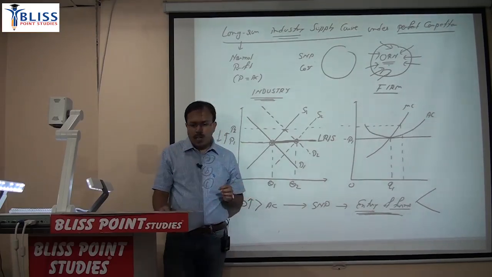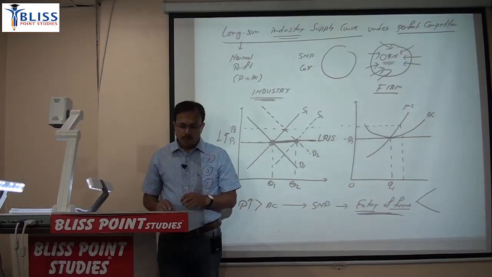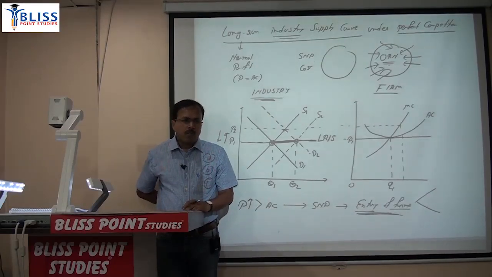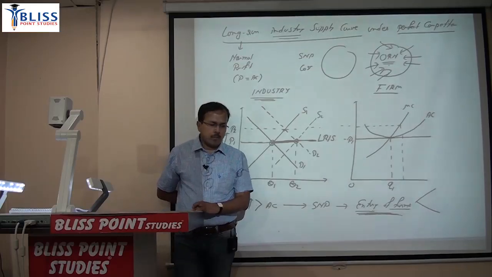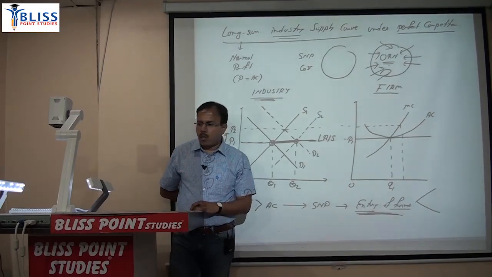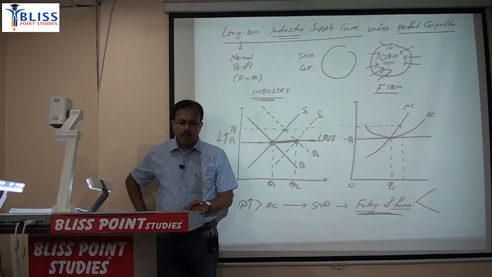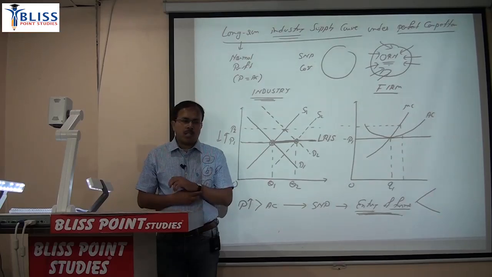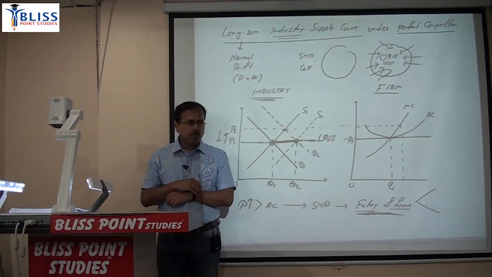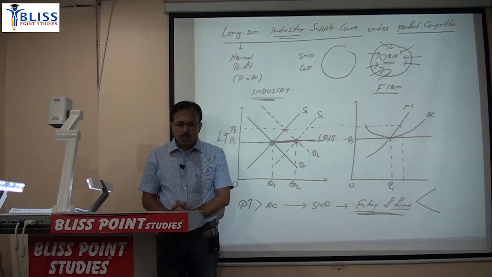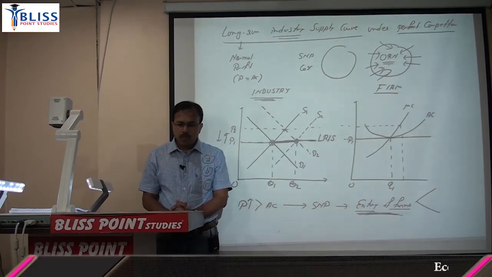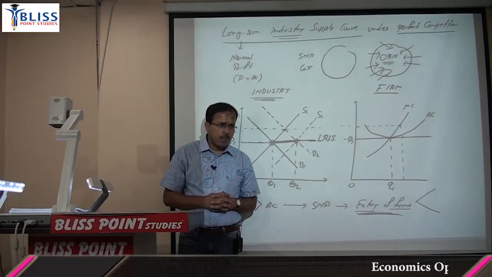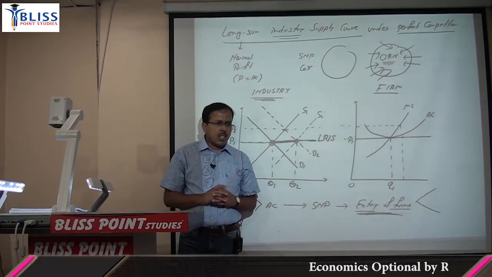Next paragraph. An industry is a constant cost industry if the price of factors of production, within bracket inputs, remains constant as the industry expands.